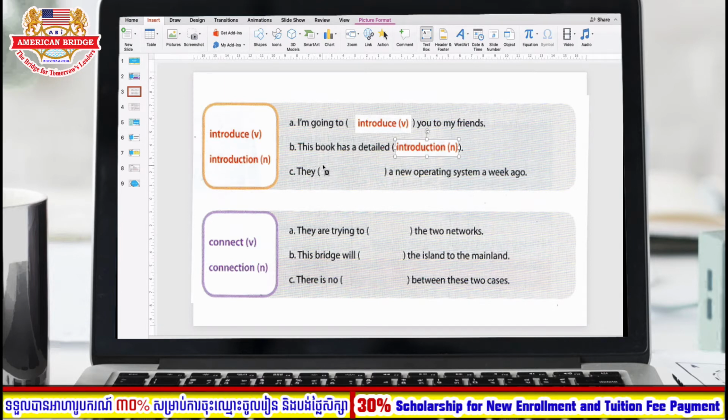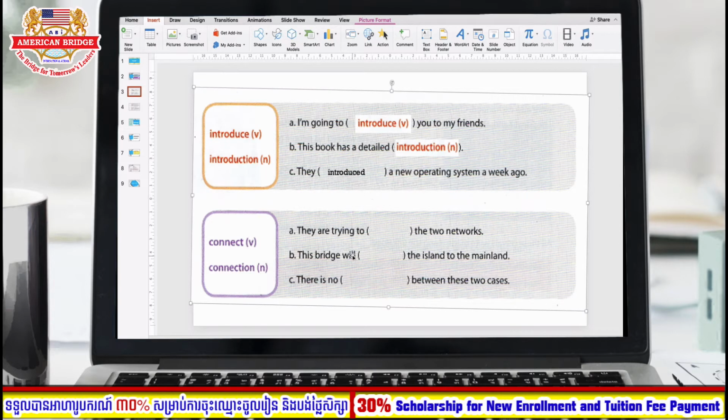What you need to do is type the word introduce. In past tense you need to add ed or d because we already have an e. So here, they introduced a new operating system a week ago.